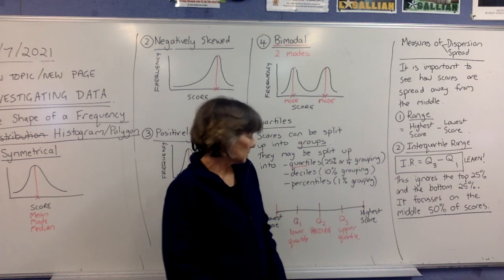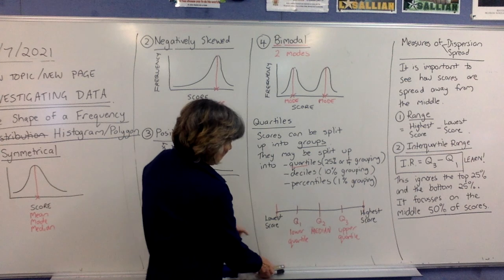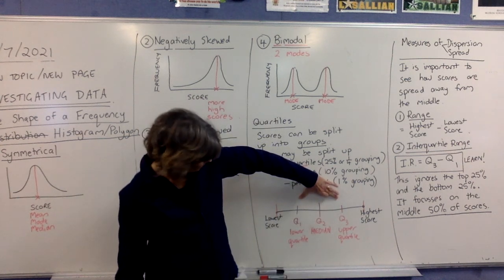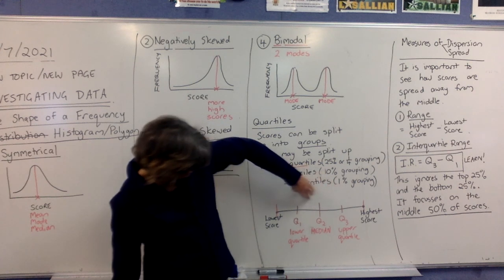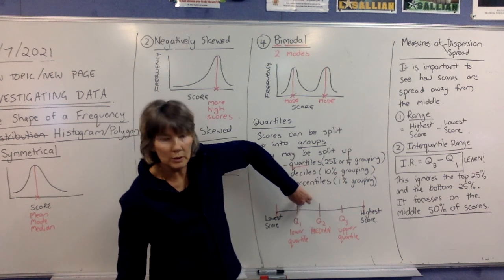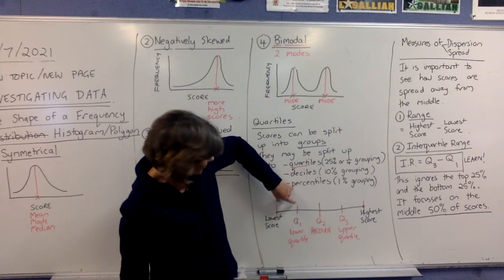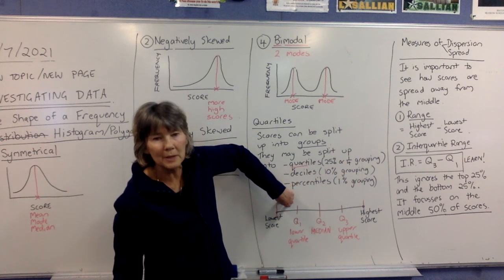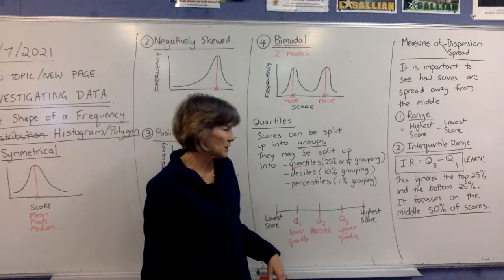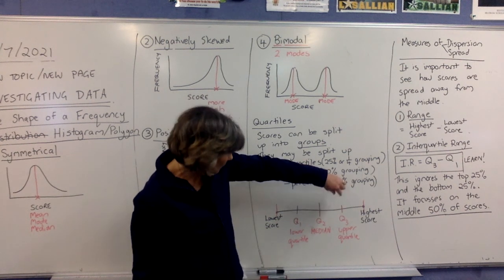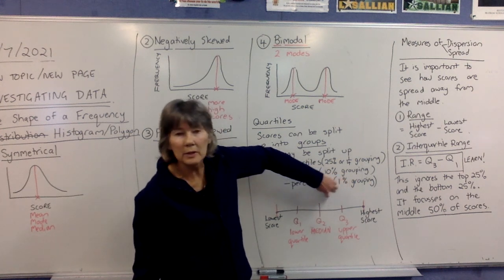So what that does is it only focuses on this range here from here to here. So it's looking at the middle 50% of the scores. It's ignoring the top 25%, and it's ignoring the bottom 25%. And you might think, well, whoa, that's a lot of people to ignore. You're ignoring 50%. But we really need to know what's going on in this middle group.